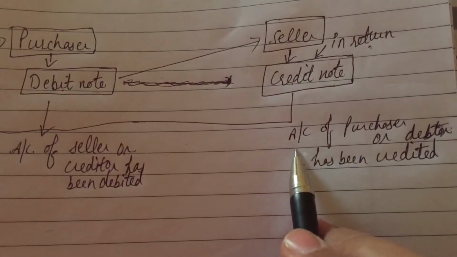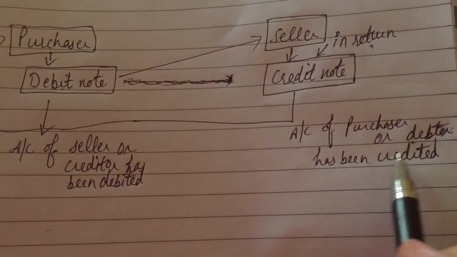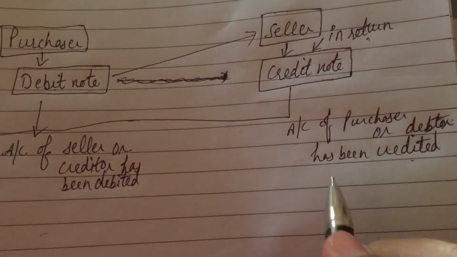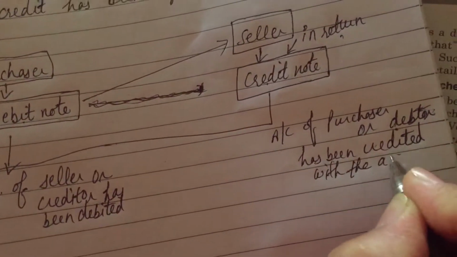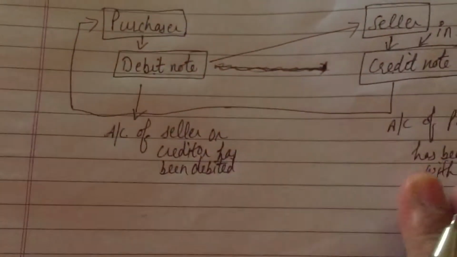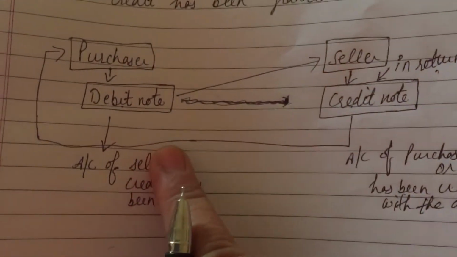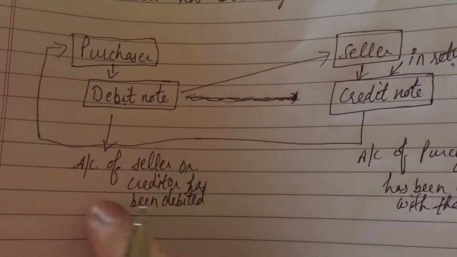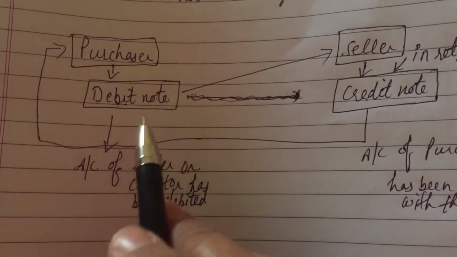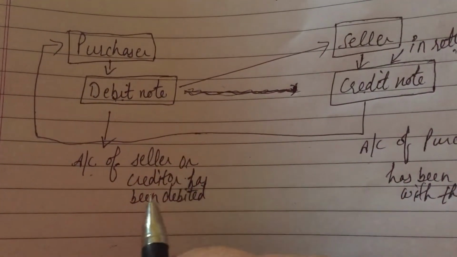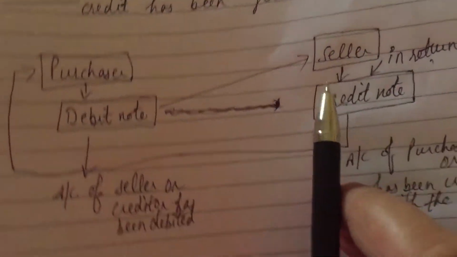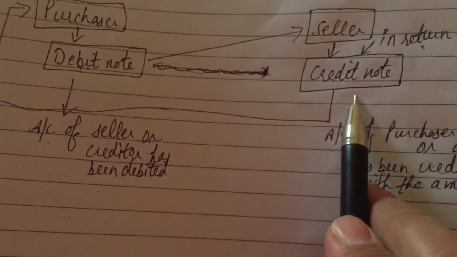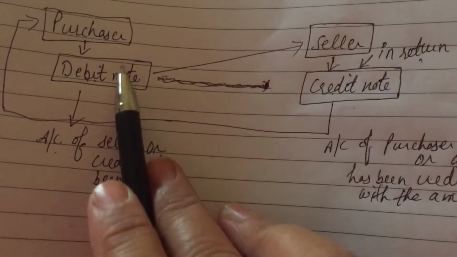The credit note evidences that the account of the purchaser or debtor has been credited with the amount, and it is sent in return for the debit note to the purchaser. The debit note evidences that the account of the seller or creditor has been debited, and in answer to the debit note the seller will make the credit note and send it to the purchaser.